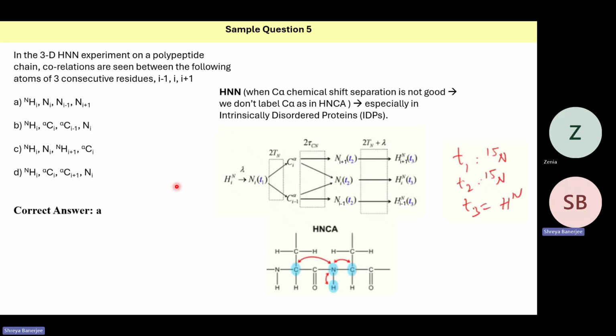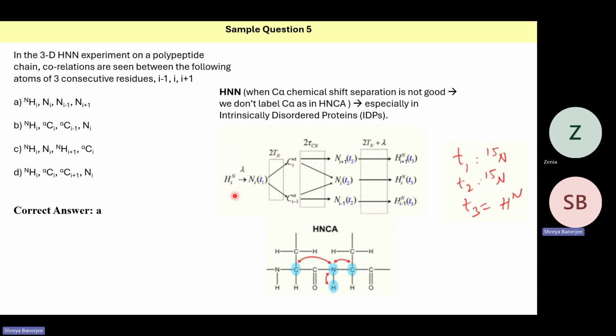So here, if you remember, the HNN experiment is used when the C alpha chemical shift separation is not very good. So instead of using carbon as the third channel, we take two channels as nitrogen and one as hydrogen in the 3D experiment.